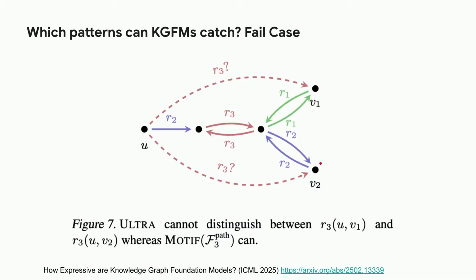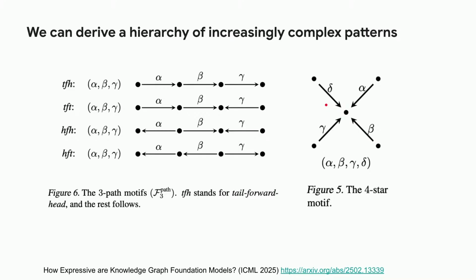So it will not understand the difference between this R1 and R2 over those target nodes. That's something we can fix by introducing harder and more complex motifs. That's actually the name of the whole framework, Motif. So instead of just binary relations in this graph of relations, we can be more creative and introduce more complex patterns.